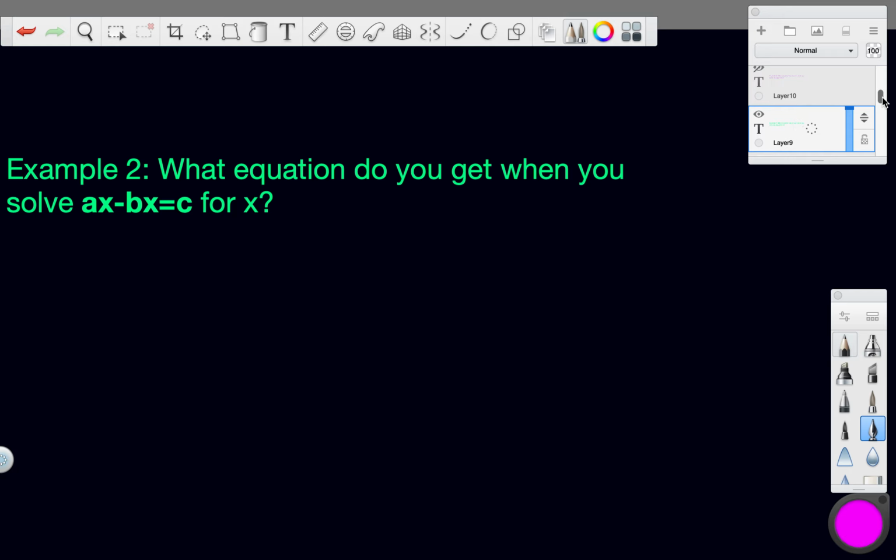Okay, so what is the equation you get when you solve ax minus bx? So let's rewrite this. Ax minus bx equals c. And I want to solve for x, okay?